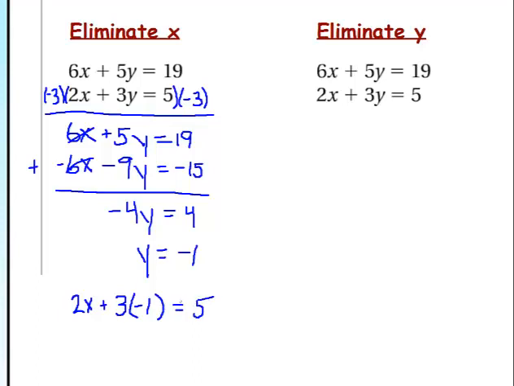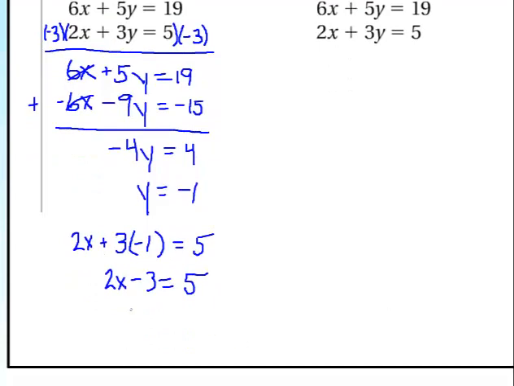And I have one equation, a rather simple one, with one variable, x, so I can solve for x. That gives me 2x minus 3 is equal to 5. I add 3 to both sides, giving me 2x is equal to 8.